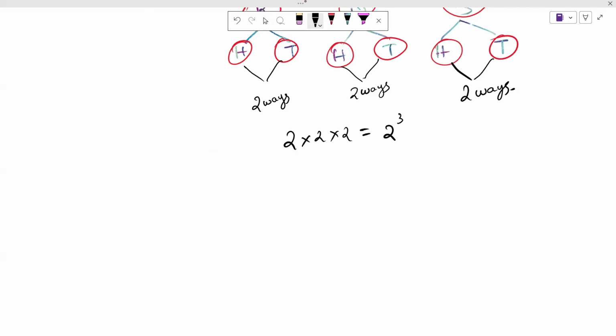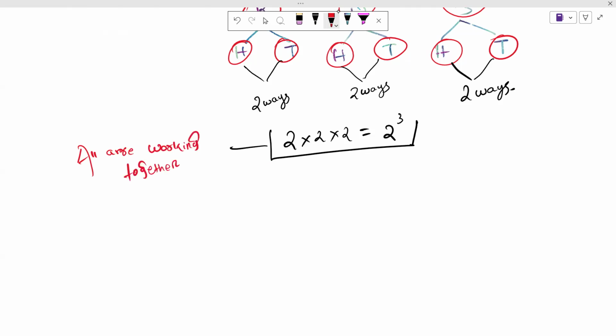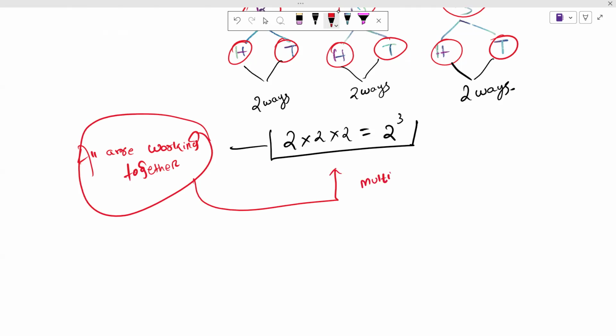All are working together, and if all are working together, we prefer multiplication.